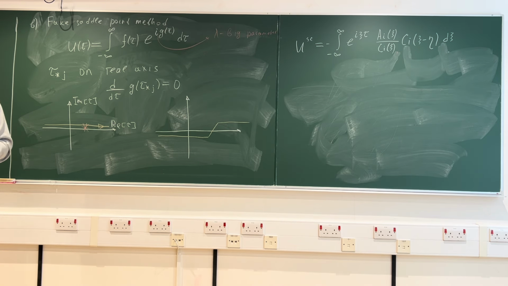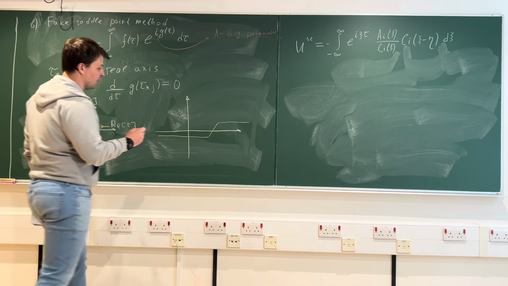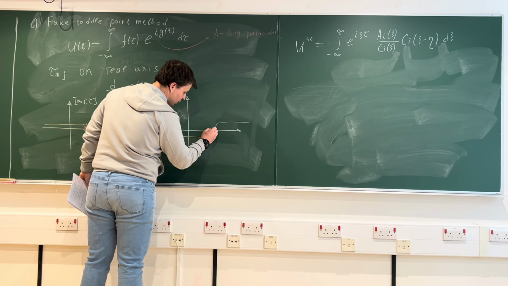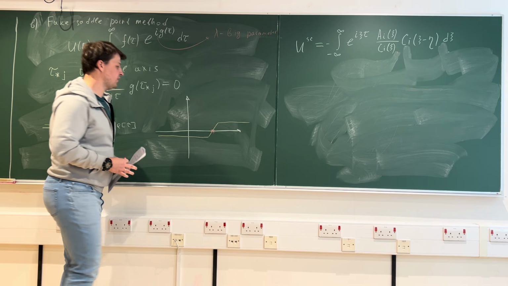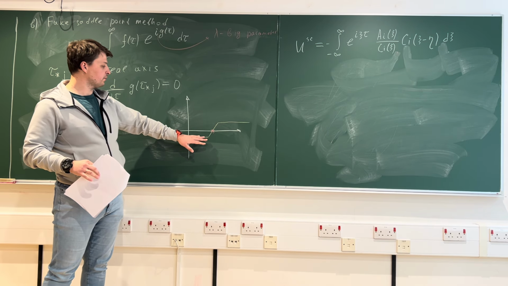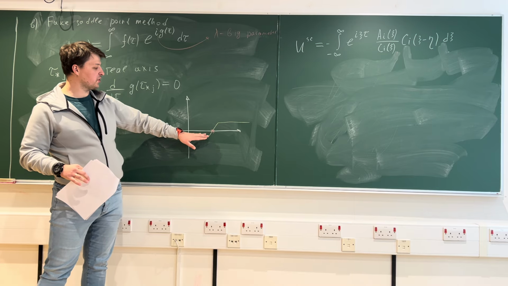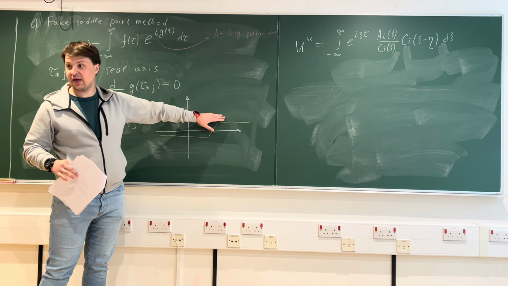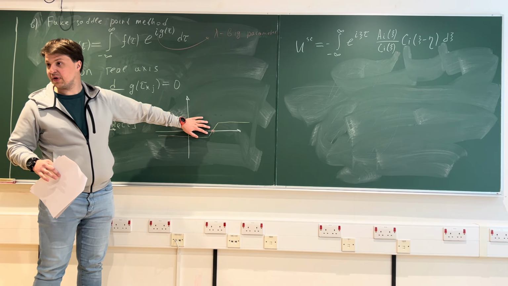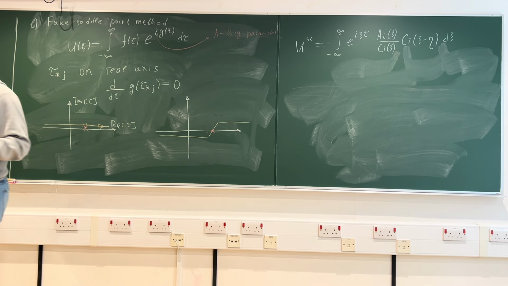But we have this type of deformation in mind. Around here, since we deform, our integral will decay here and here, but will be quite big around this point. So this is the idea, but just for now we forget about this point.